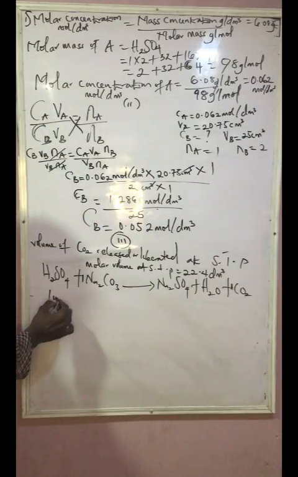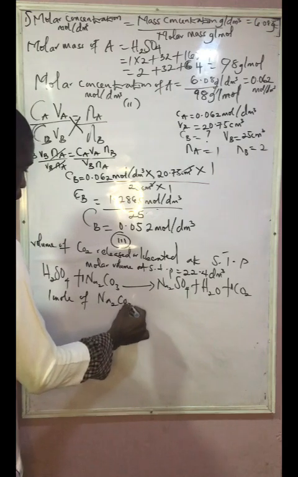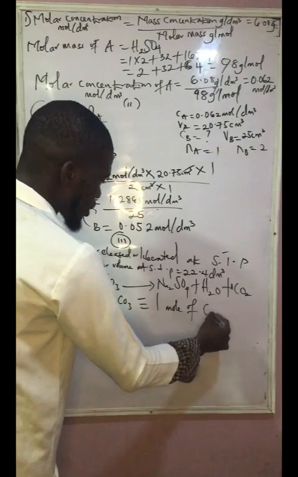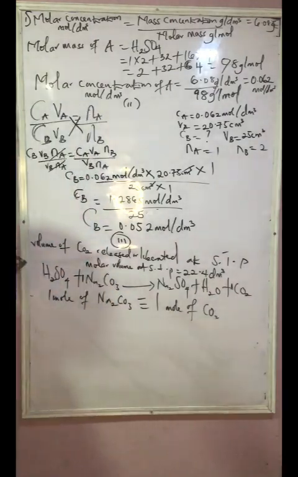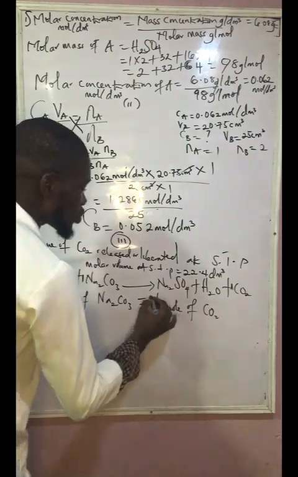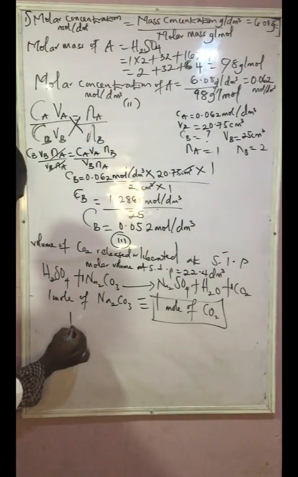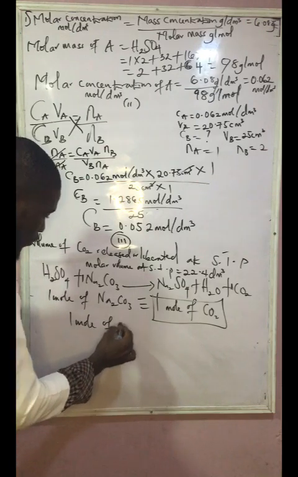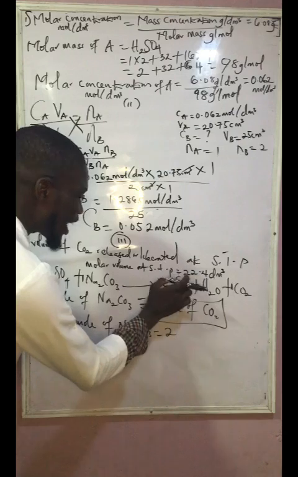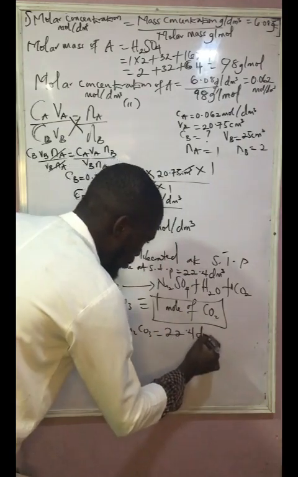So 1 mole of sodium carbonate is equivalent to 1 mole of CO2. But just because we are looking for the volume of this, we don't have any business with this anymore. Rather, we have to focus on this. By doing that, you can say 1 mole of sodium carbonate equals the molar volume at STP, which is 22.4 dm cube.